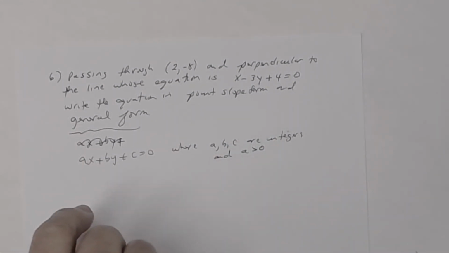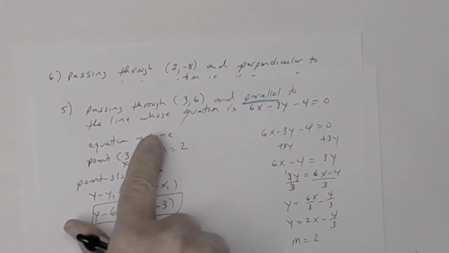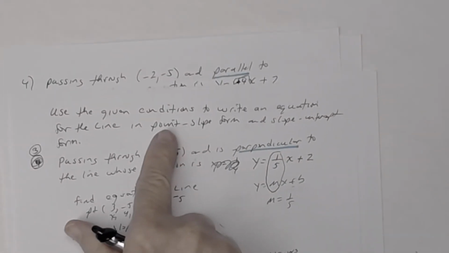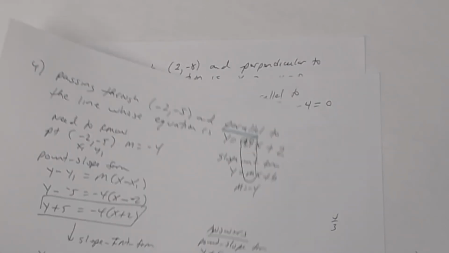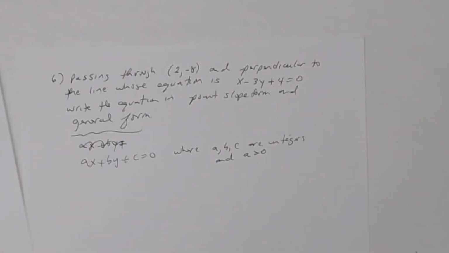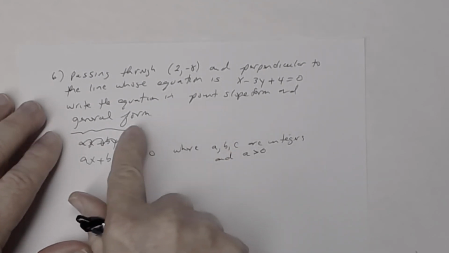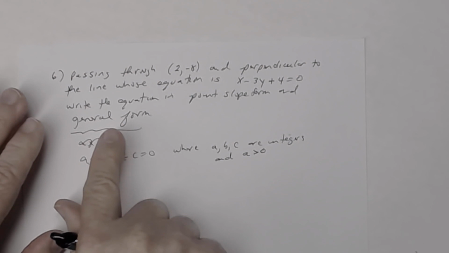Always make sure you read the directions. In the directions here, you wanted to write the equation in both point slope and slope-intercept. Now in number 6, you want to write the equation in point slope and general form. So just make sure you always read the directions.